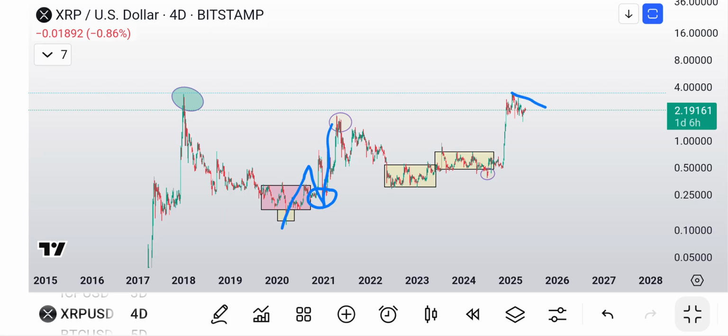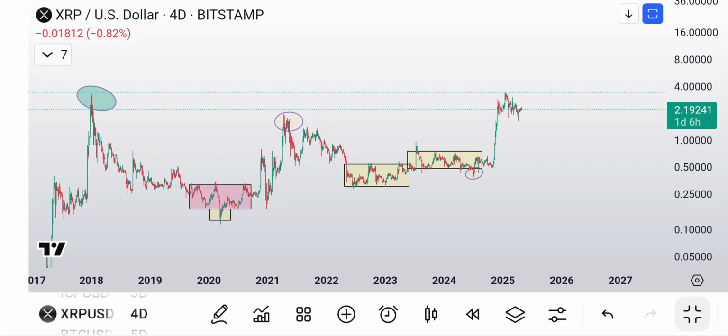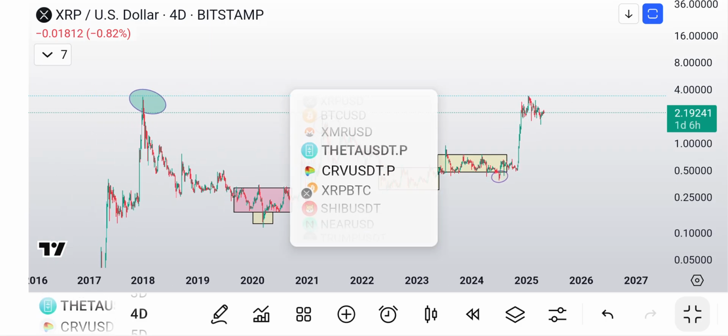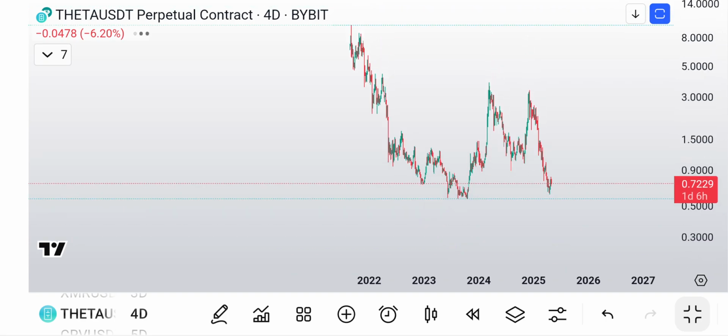But XRP is way over here, because it completed all the phases. And that's why all throughout, I told you guys, XRP is by far my biggest holding. And then we got this big major move, and now it's starting to make more sense. We'll get into XRP in a minute, but let me just finish here with Theta.